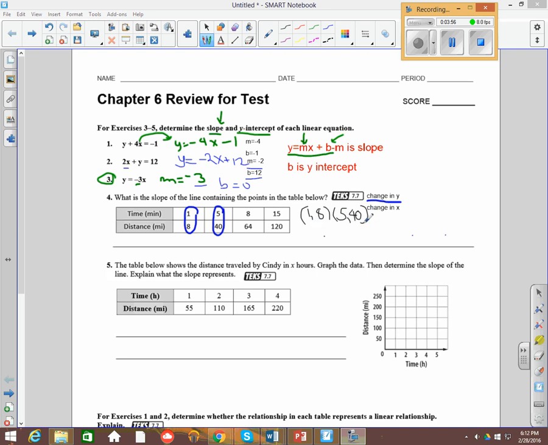So we're going to subtract the y's. Then we're going to subtract the x's. So let's just label it so you can see. This is x, y, x, y. It doesn't matter which one you start with, just whatever coordinate you start with, that's what you start with each time.